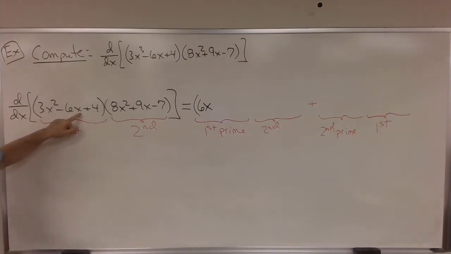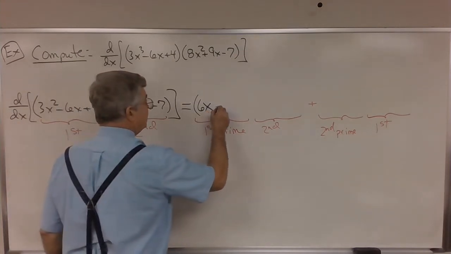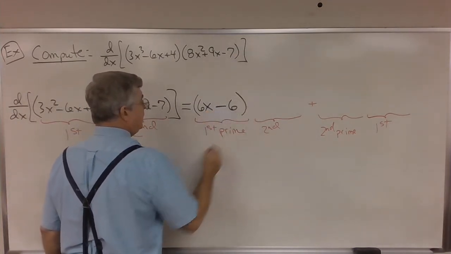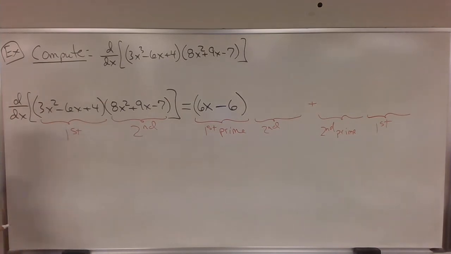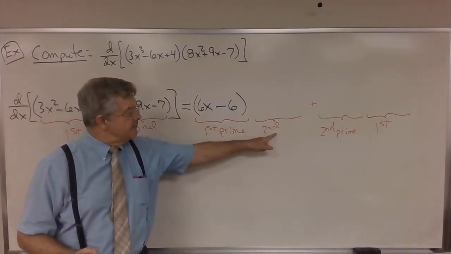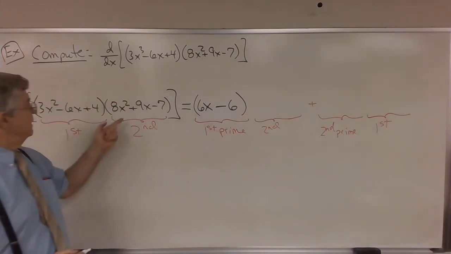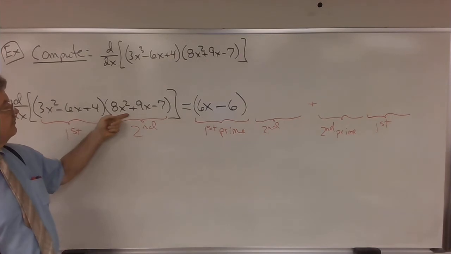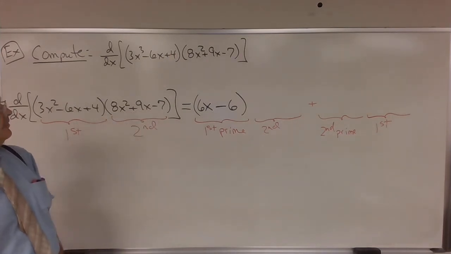The derivative of a constant times x is just the constant, so the derivative of 6x is just 6. Okay, there's my first prime, times the second function verbatim. That's this thing, 8x squared plus 9x minus 7.